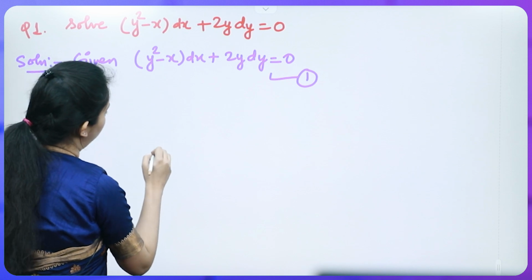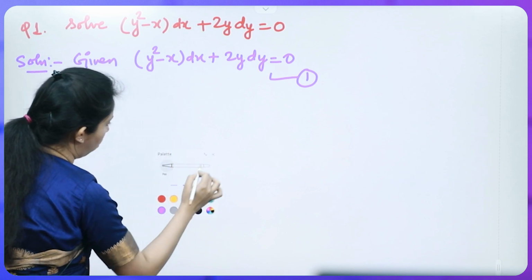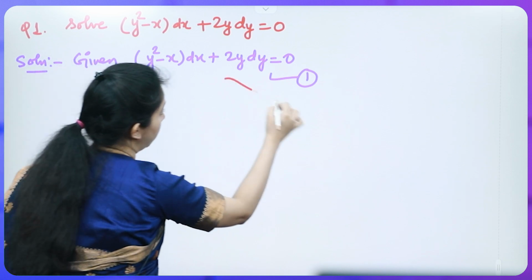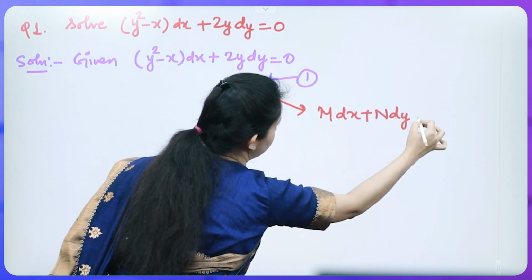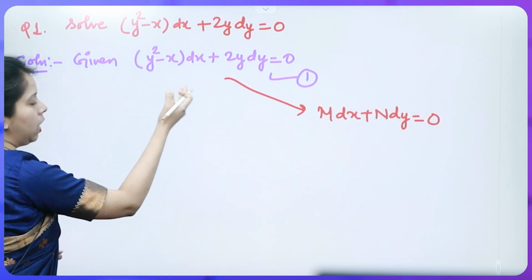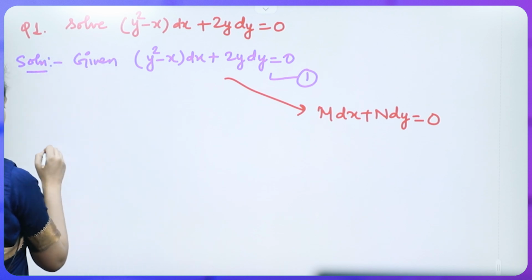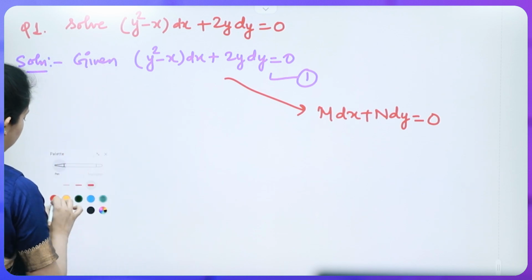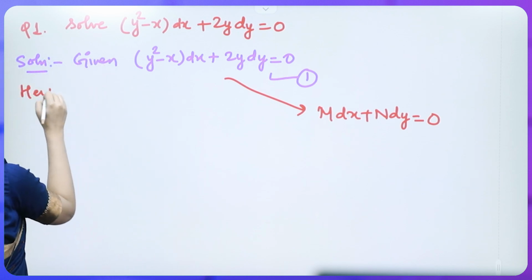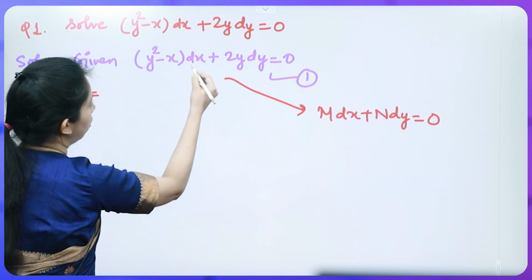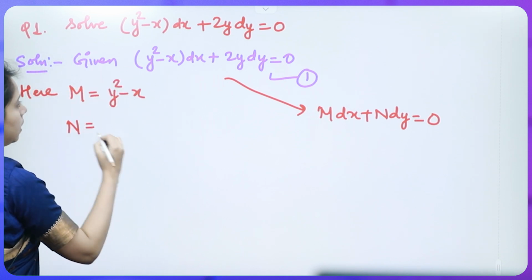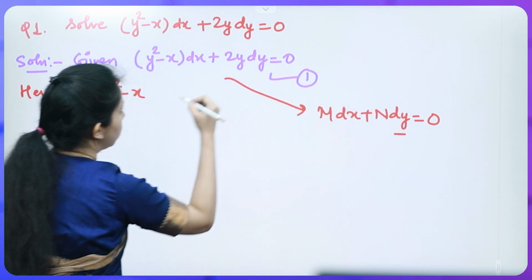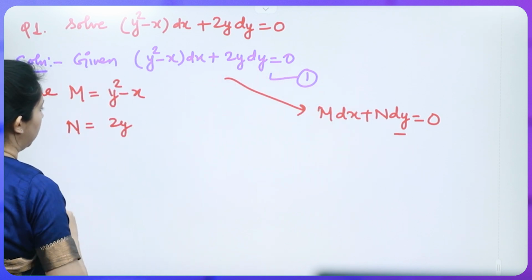Next step is to compare it with the standard form of the differential equation, M dx plus N dy is equal to 0. On comparing, the value of M is the coefficient of dx, that is y square minus x, and N is the coefficient of dy, so here N is 2y.